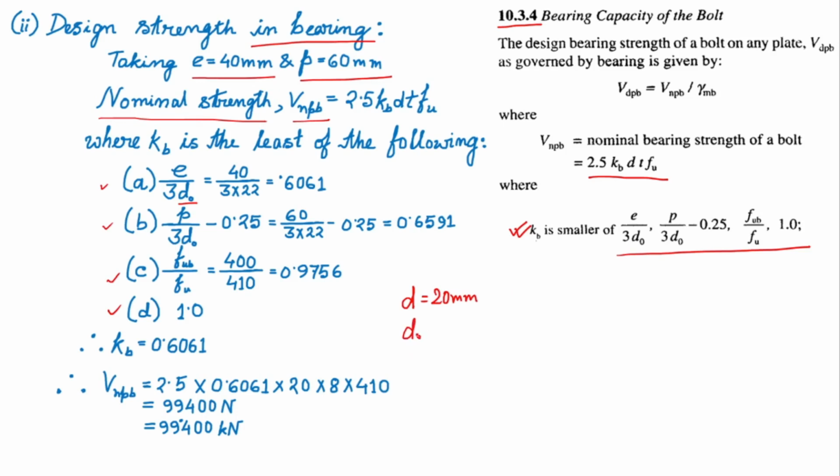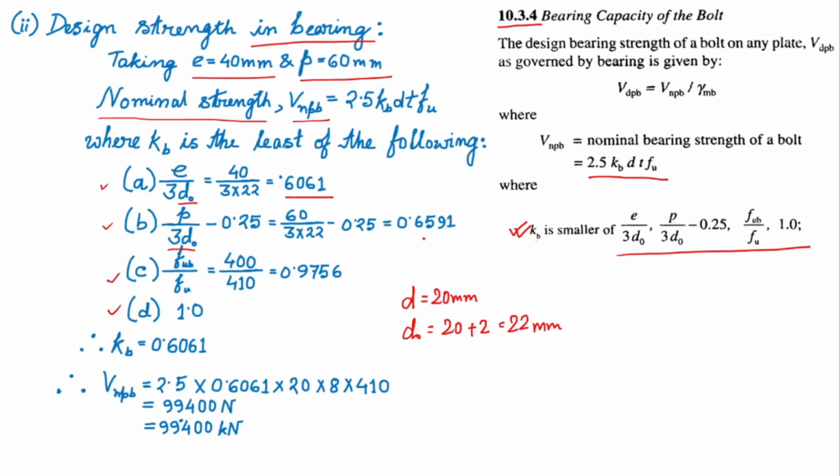So the diameter of the bolt hole, d naught, is 20 plus 2, means the bolt hole is 2 mm more than the bolt. It will be 22 mm. So e by 3 d naught is calculated as 0.6061.